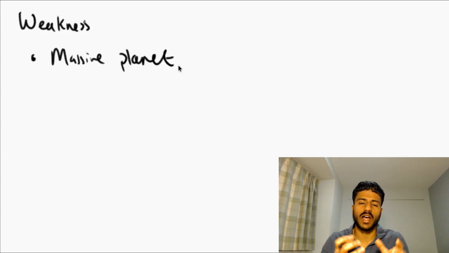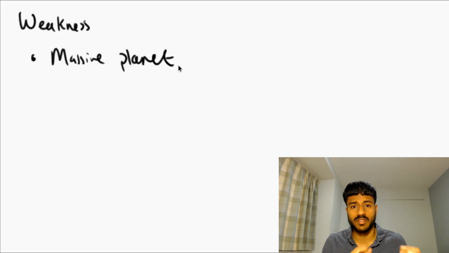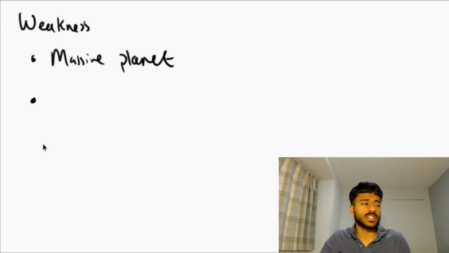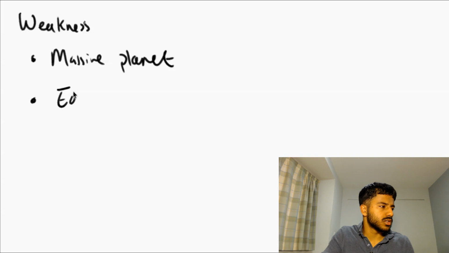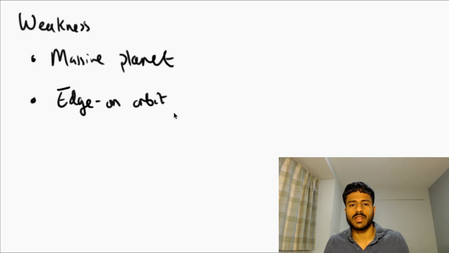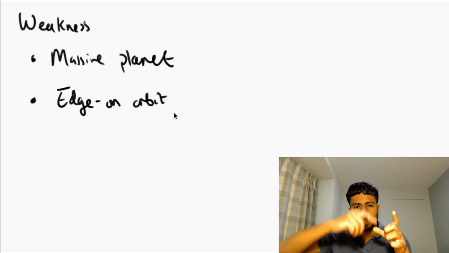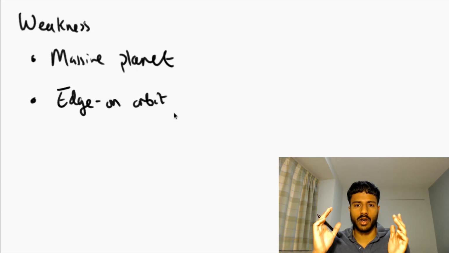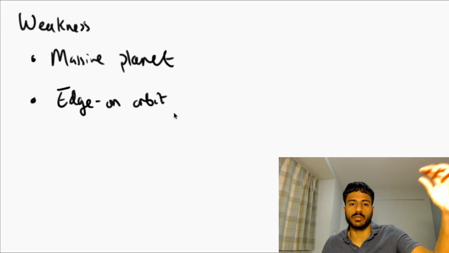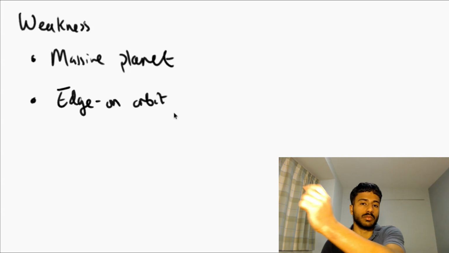And we know that in order to have a stronger gravitational field, you need a heavier planet. Another weakness is that you need an edge on orbit. And that means that the planet and the star have to be orbiting in line with your view from Earth, so that at one point the planet is moving towards you and at another point it is moving away.